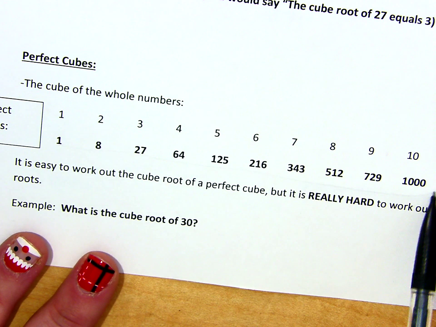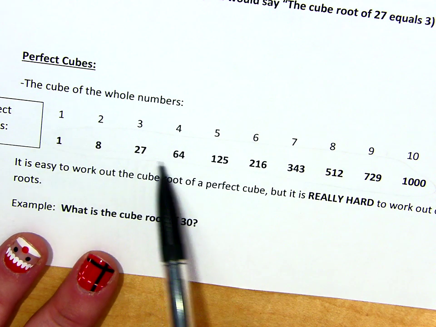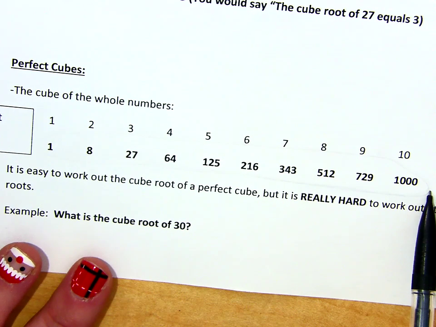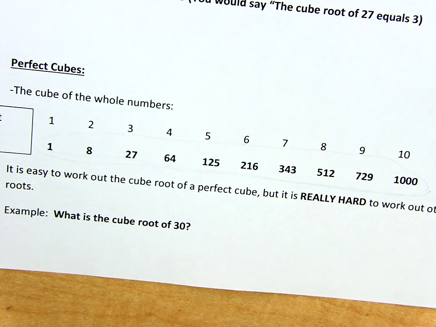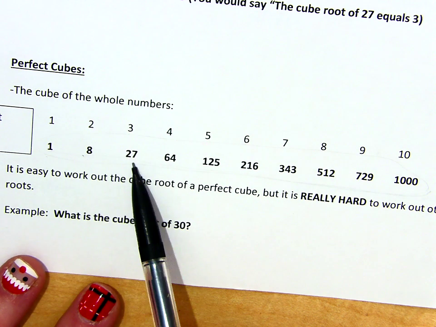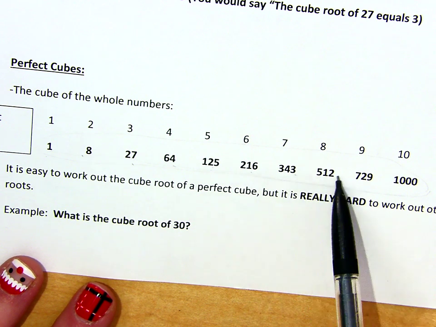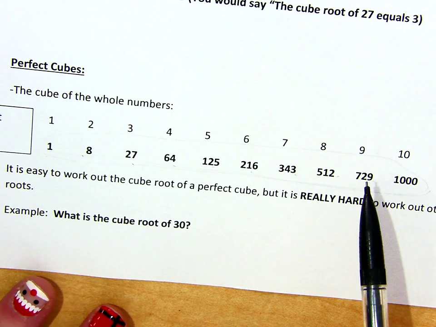These are now your perfect cubes. So these are numbers you kind of want to get familiar with, because when you see one, you want to recognize it, just like when I see the number 81, I know 81's a perfect square. When I see 16, I know it's a perfect square. So now you kind of want to familiarize yourself with these numbers that are perfect cubes.